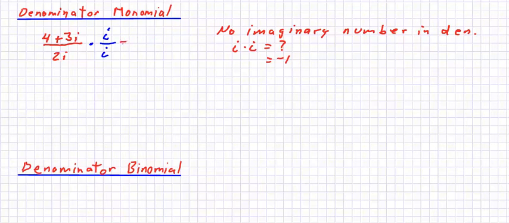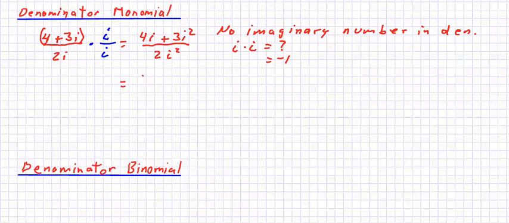That gives us 4i, distributing the i, plus 3i squared over 2i squared.